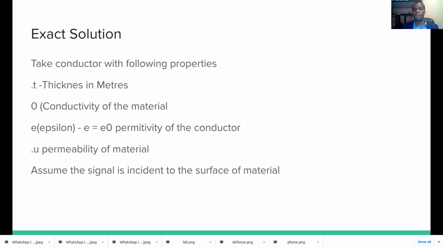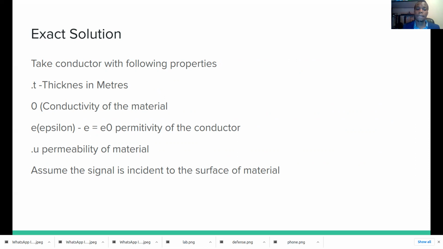Before we start, I want you to take a scenario whereby a conductor is aligned in the X, Y axis. The conductor has a thickness of T in meters, conductivity of sigma, and epsilon, which is the permittivity of the conductor.